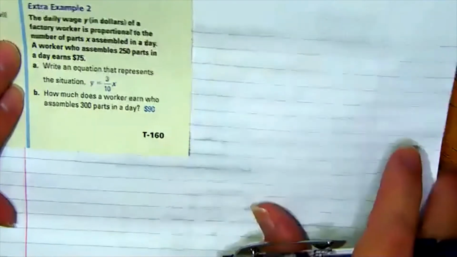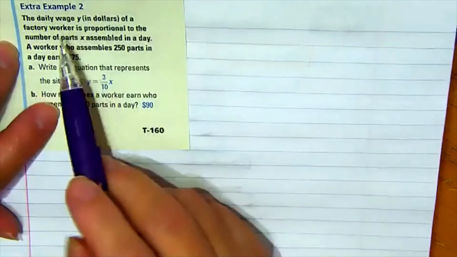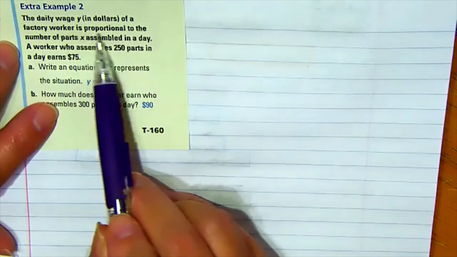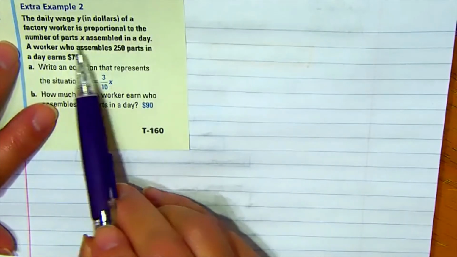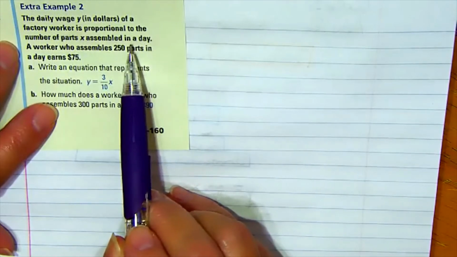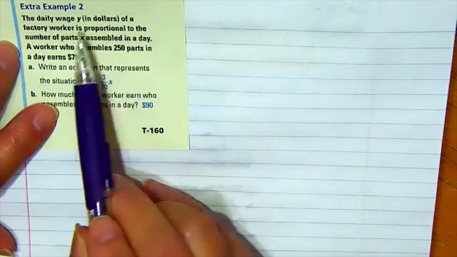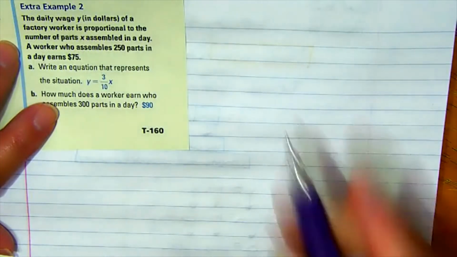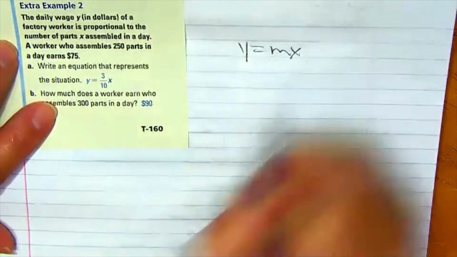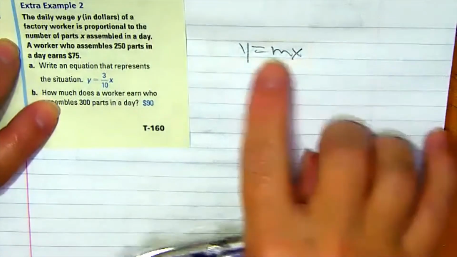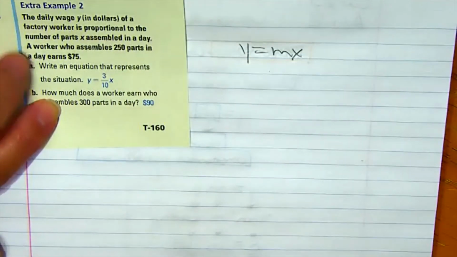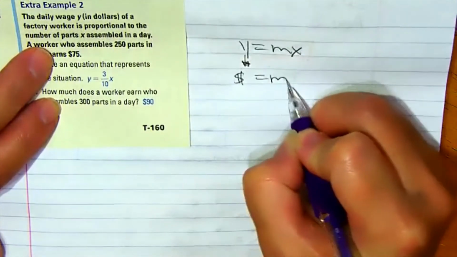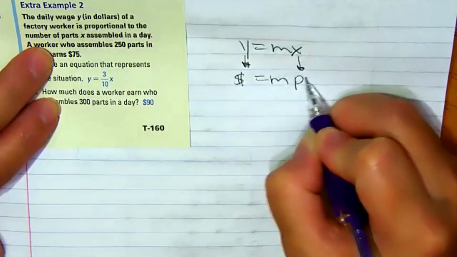Okay, in this problem, the daily wage, y, in dollars, of a factory worker is proportional to the number of parts x assembled in a day. Oh, so here's that clue word, proportional. If it's proportional, I know that it's y equals mx. Now, in this problem, they're telling me y is dollars and x is parts.